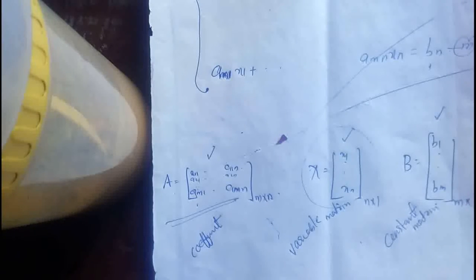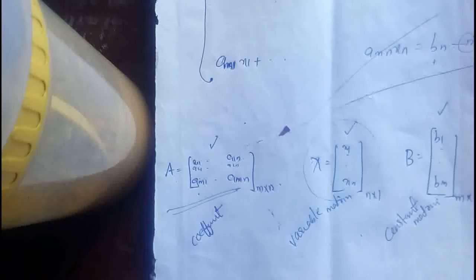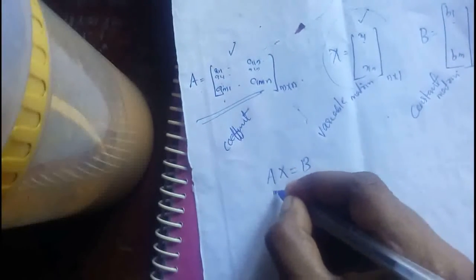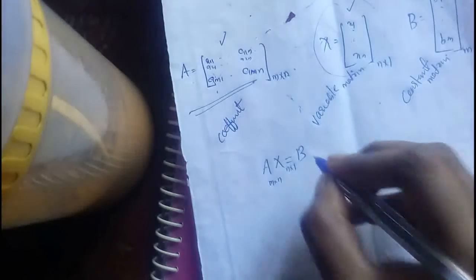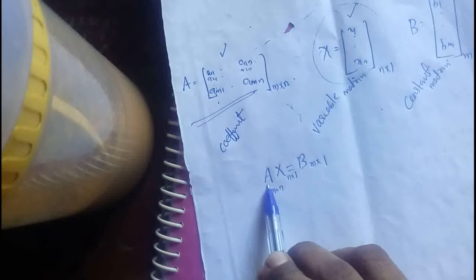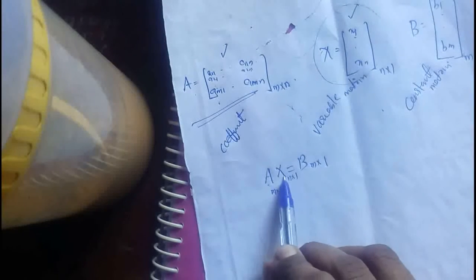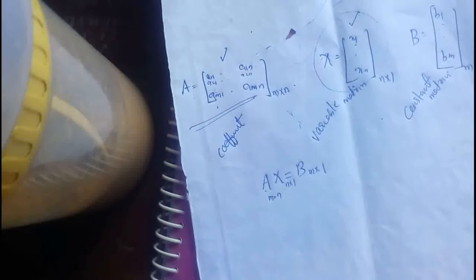So with these matrices, we can write the above equation in this form: Ax equal to B. A is an m cross n matrix, x is an n cross 1 matrix, B is an m cross 1 matrix. So A, the coefficient matrix, multiplied by the variable matrix gives the constant matrix.